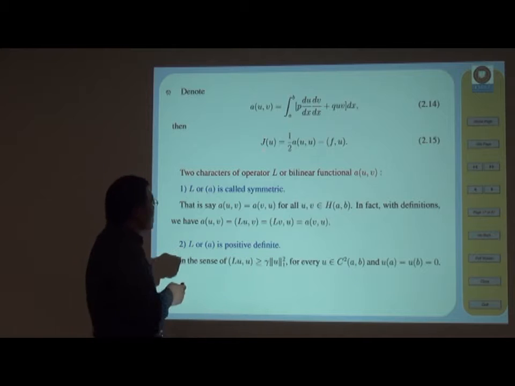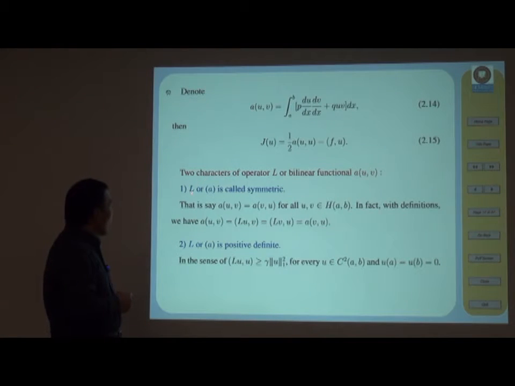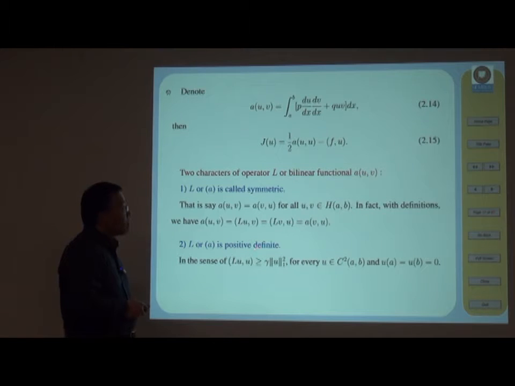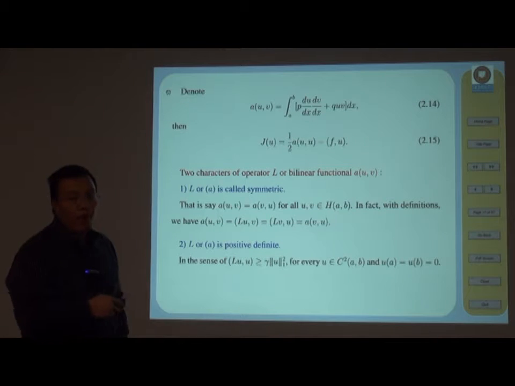And here, J has two important properties. First, L is symmetric, and second, L is positive definite. You should keep this form in mind.